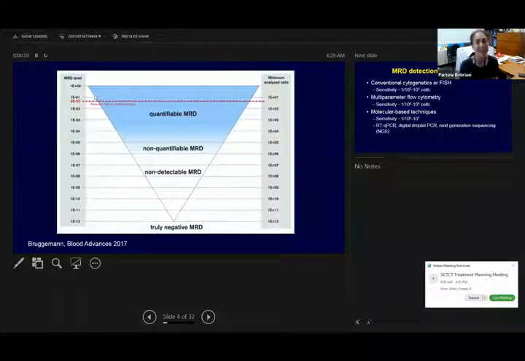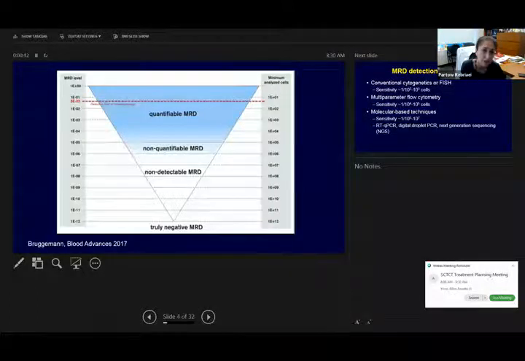Yes. Okay, so this is a nice cartoon that graphically shows what we mean when we say MRD. The reason I think the field has moved from the term minimal residual disease to measurable residual disease is that, using next generation sequencing techniques, generally we're able to detect up to 1 in 10 to the 7th cells, and that's really not reaching the floor of what we would consider to be truly MRD negative.